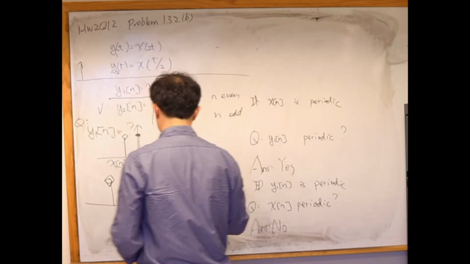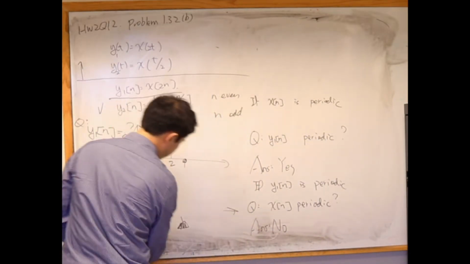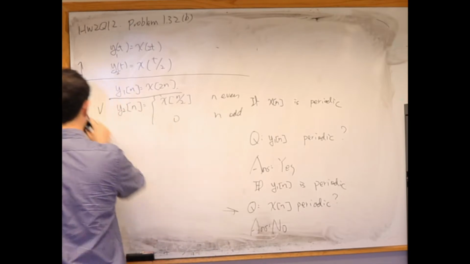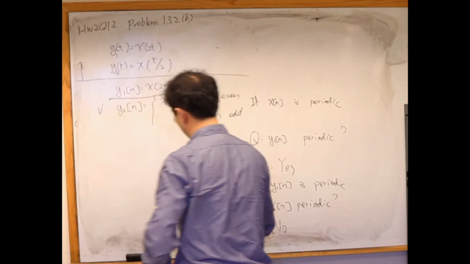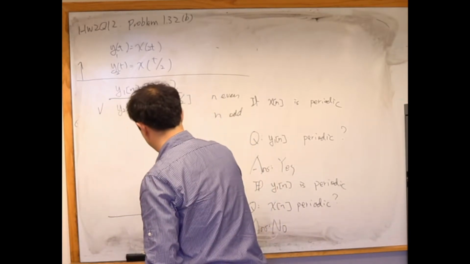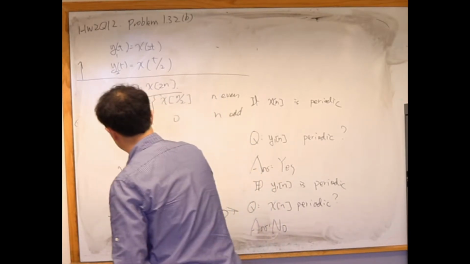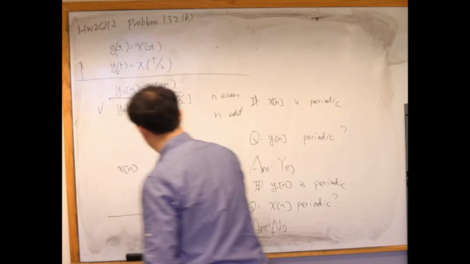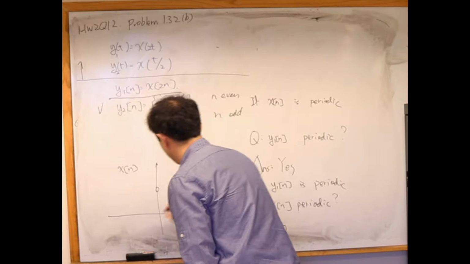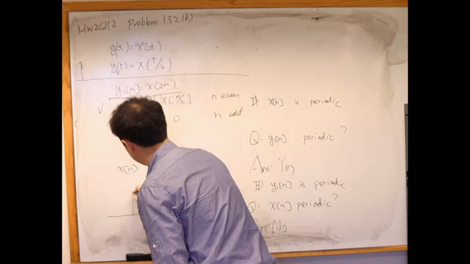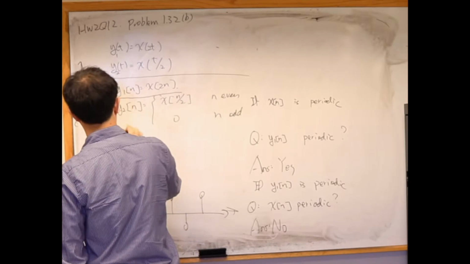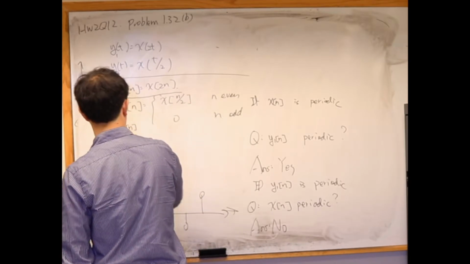Again, the key to understanding this question is to really figure out what this operation means. I'm giving you an arbitrary x, and the question is to find out what y2[n] is.